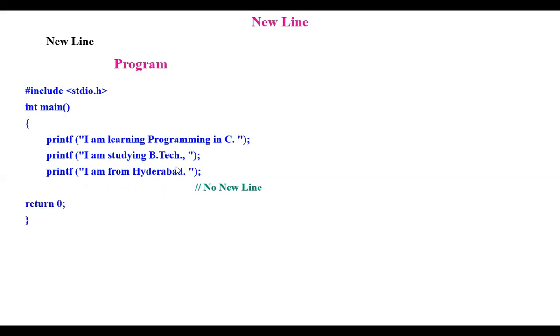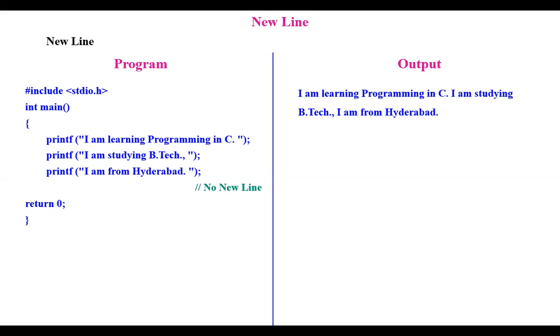Now the program is closed. Let us compile and execute the program. If you compile and execute, you get the output like this. You see the difference? I am learning program C. Next, it is continuing with the second line.